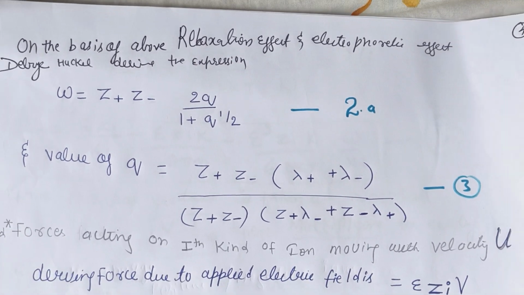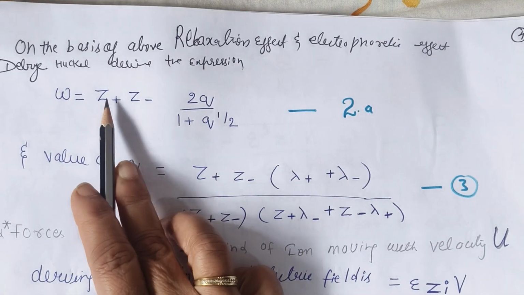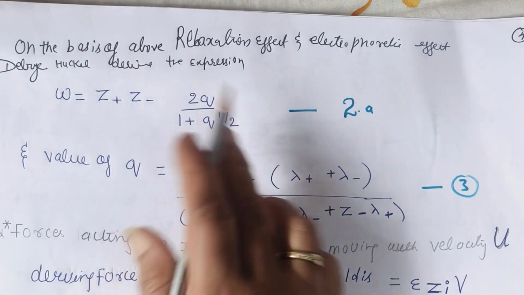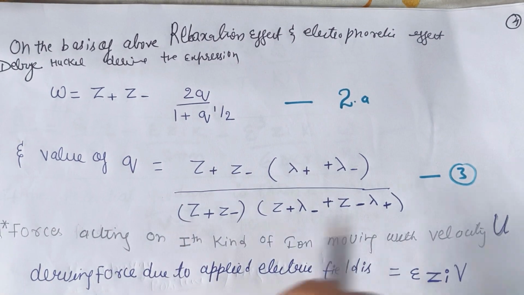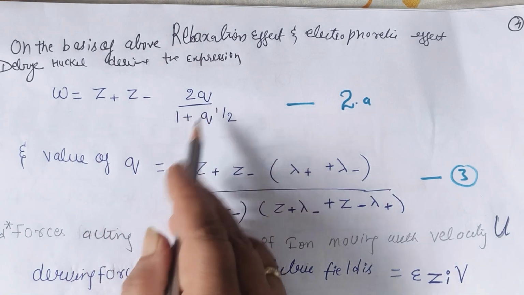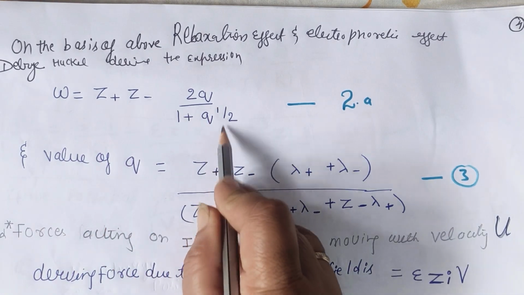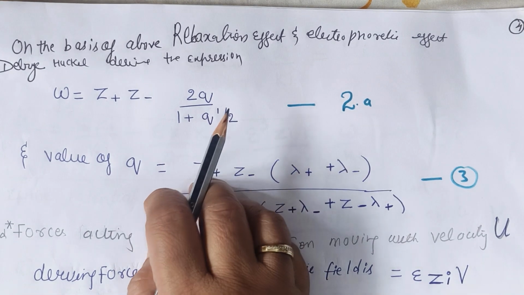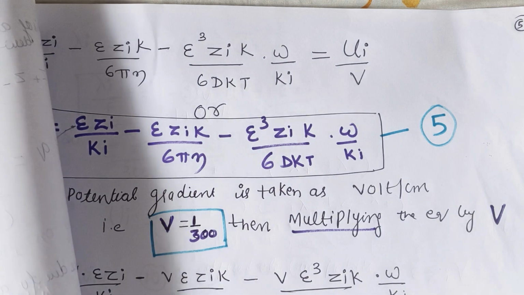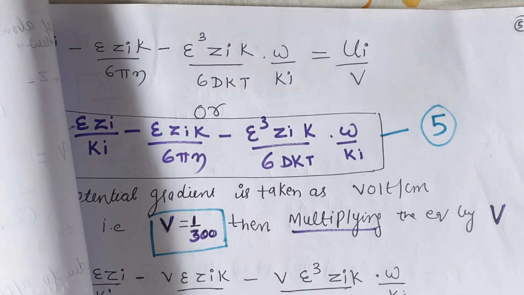On the basis of the relaxation effect and the electrophoretic effect, Debye-Huckel gave one simple expression, which says that W is equal to Z plus Q minus 2Q over 1 plus Q1 by 2. So we will start our derivation of the Debye-Huckel theory. You can take your pen and paper.